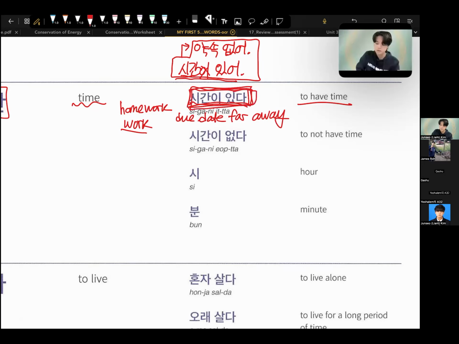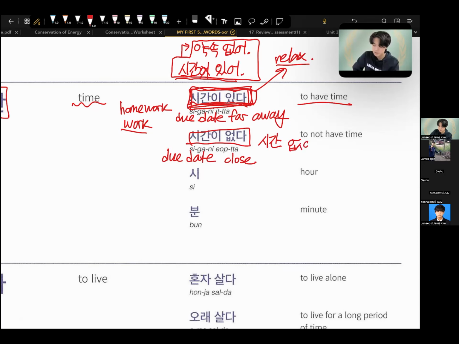This also means you can relax. But when the due date is approaching and you have only 5 minutes left, you can say 시간 없어. 시간이 없다. Or if you're too busy, you can say 시간 없어 in a conversation. This means to not have time.